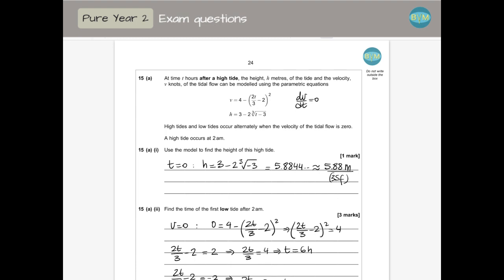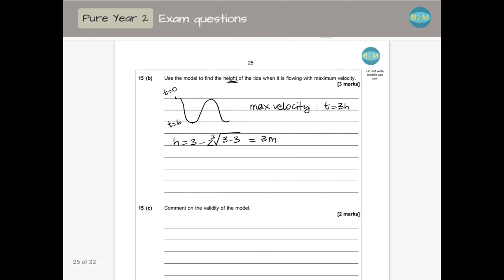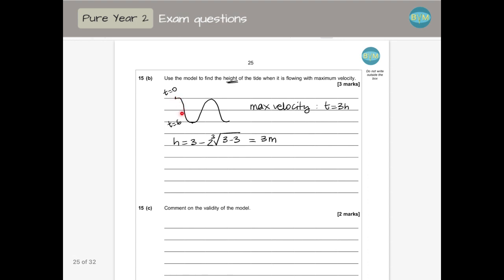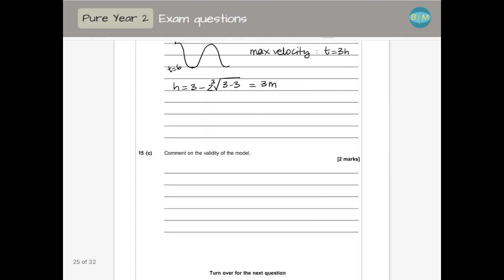It becomes smaller and then negative and more negative. So this is valid for this bit, but after here, with my model, the height will carry on going down while it should go up. I should have a sine or cos or a trigonometric function that is periodic, but this function is going to go down.